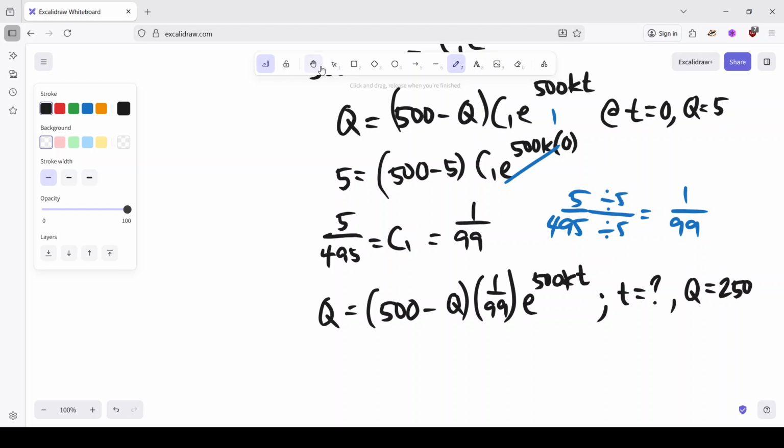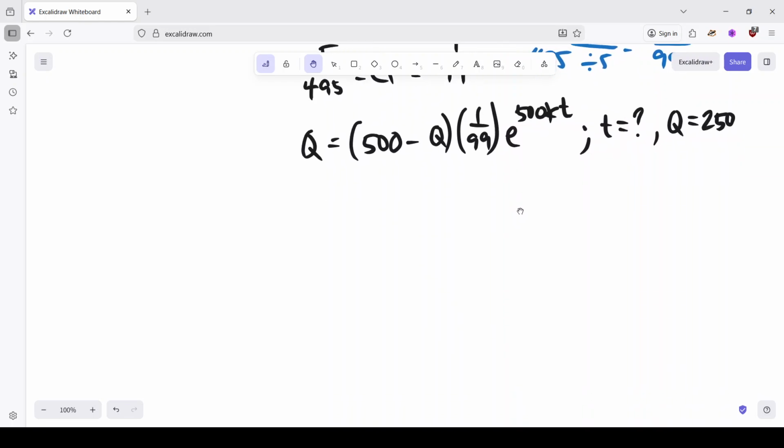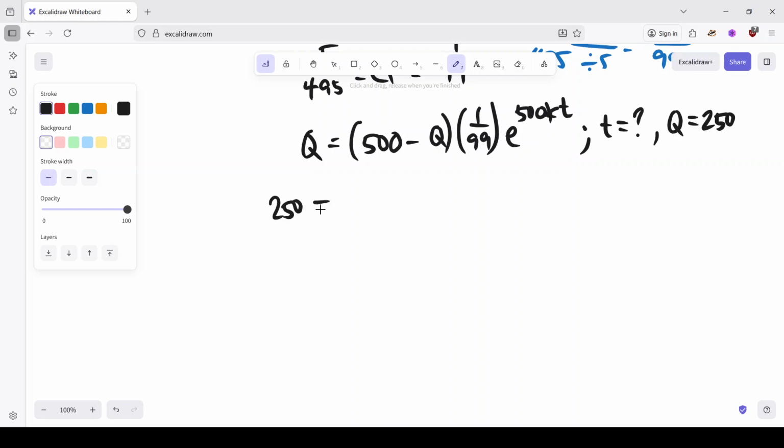Okay, so let's try to solve this one. Let's try to solve for t. Okay, so 250 is 500 minus 250, times 1 over 99 e raised to 500 k times t. Okay, so 500 minus 250 will be 250.